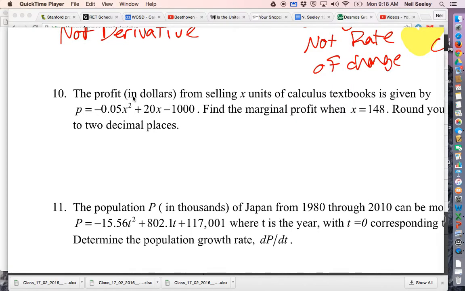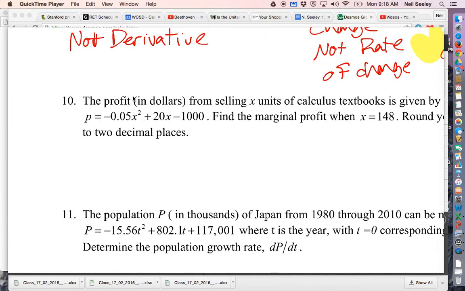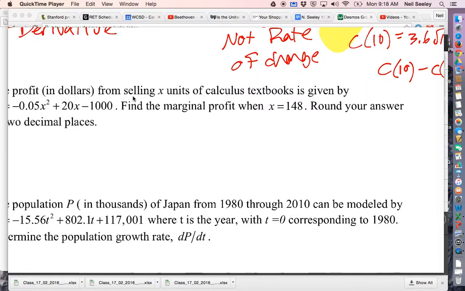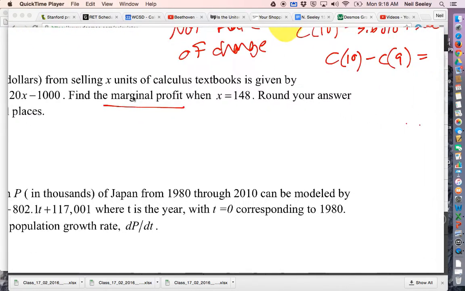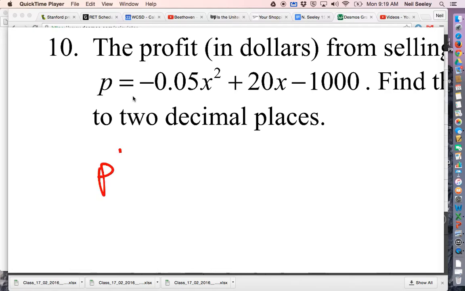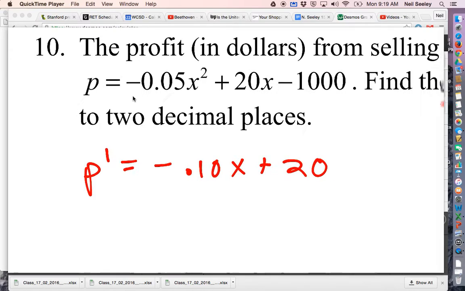For 10, so I just want to note the profit in dollars from selling X calculus books. The marginal profit, then, if I'm asking for that, is again the derivative at a particular moment in time, X equals 148 units. So P prime is negative 0.10x plus 20. Nice derivative.